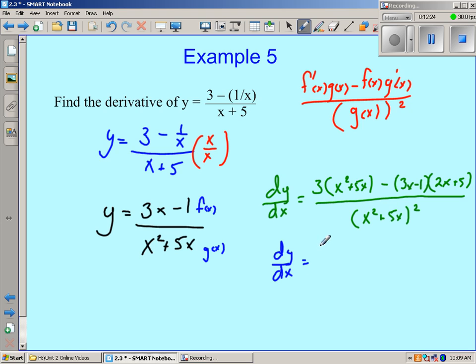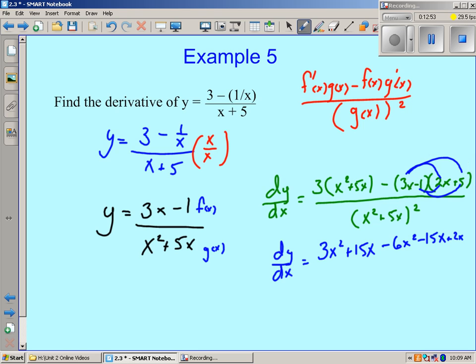And then now I got to FOIL this together, so I'm going to take 3x times this and 3x times that, and I'm going to use the negative with it, so I'm going to get a negative 6x squared as the first term, and then a negative 15x for the next term. For the inside, I have two negatives, which is positive, so I get a positive 2x. And then my last term, I get a positive 5.